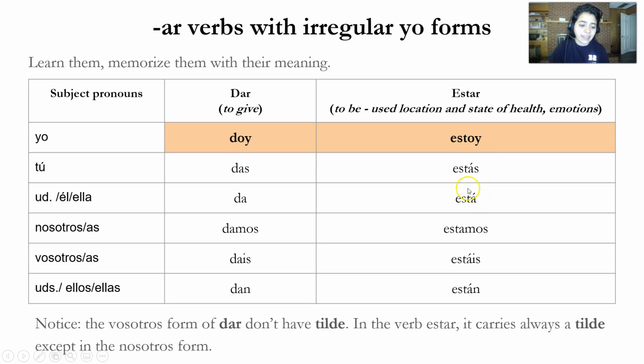When you have the tilde, it shows you that the syllable with more strength in pronunciation is the last one, está, and if it didn't have a tilde, then it would be pronounced esta, as the demonstrative adjective in Spanish that means this. So, esta casa, this house. So, it's very important that you at least memorize where the written accent in the verb estar is.